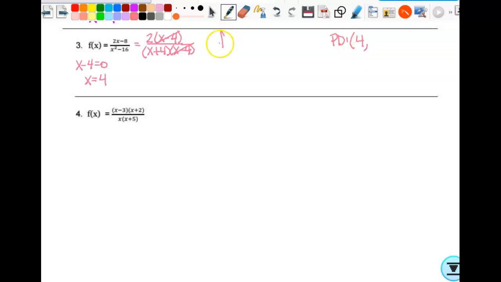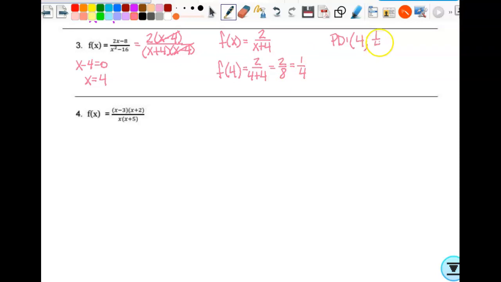My reduced function is 2 over x plus 4. I have to find f of 4 because it comes from here. That's going to be equal to 2 over 4 plus 4, which is 2 over 8, which is 1/4.